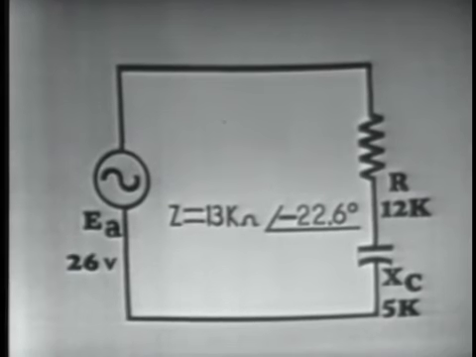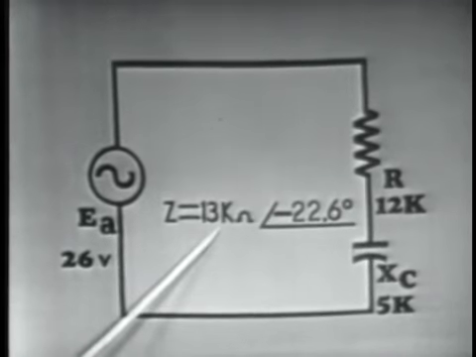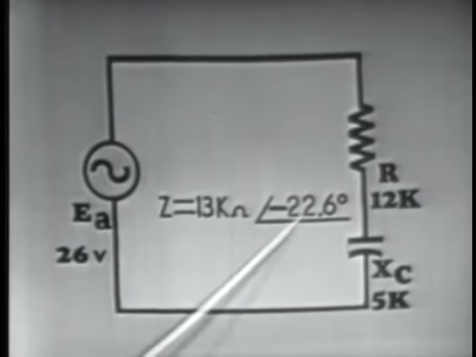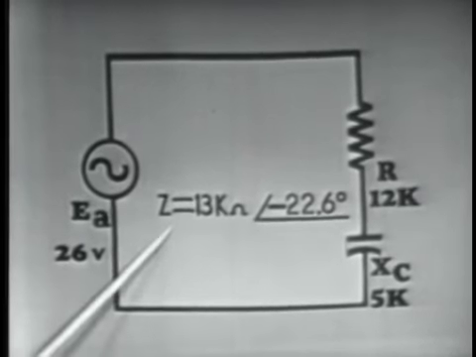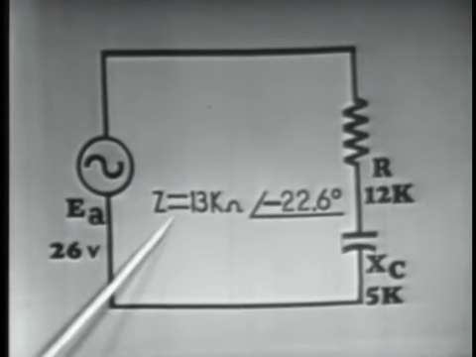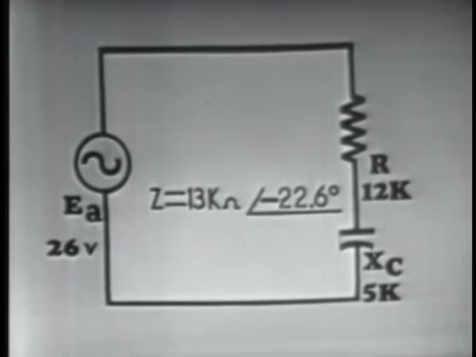Using this information, now we can write our impedance as equal to 13 k ohms at an angle of minus 22.6 degrees. Now you recall this is polar notation. We give the magnitude of the impedance, and we give the direction of the impedance as minus 22.6 degrees.